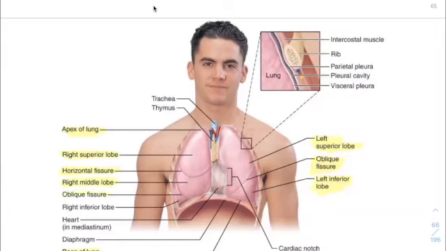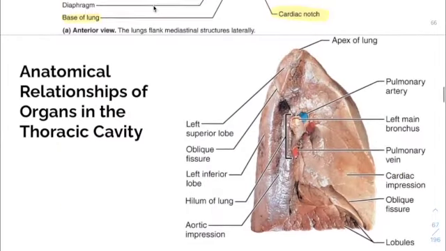Then we have an oblique fissure that separates that middle from the inferior lobe. I put the heart back in here to see how that cardiac notch works. And then we have that diaphragm that the lungs sit on. It's one of the main muscles of breathing. Accessory muscles are other muscles. That was my bad.